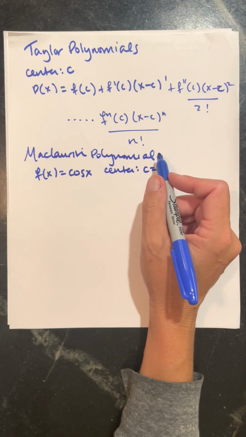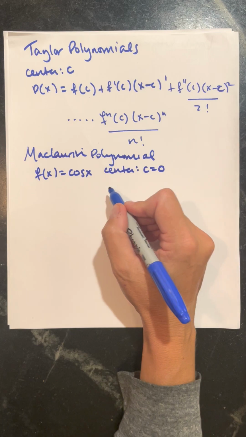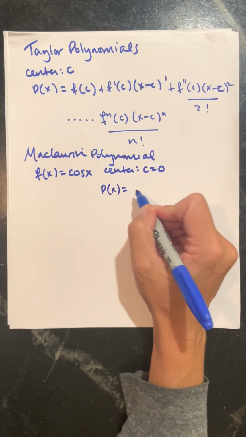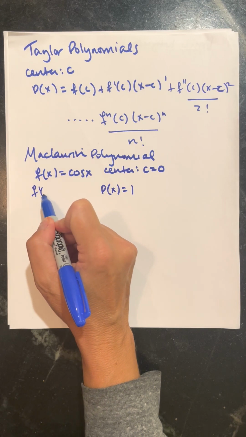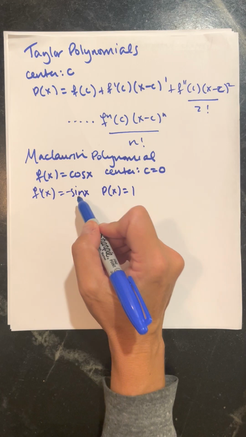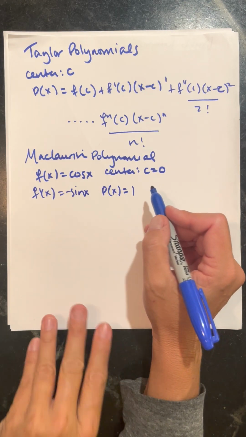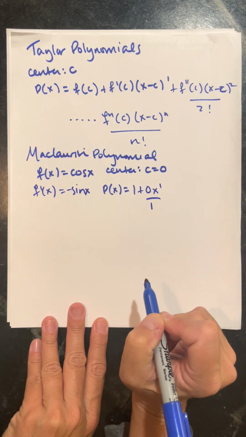So the value of cosine of 0 is 1. So our polynomial is going to start at 1. I know that the derivative of cosine is negative sine. If I plug in 0, I get 0. So I get 0 x to the 1 over 1.